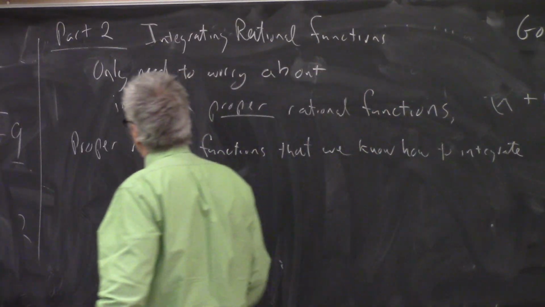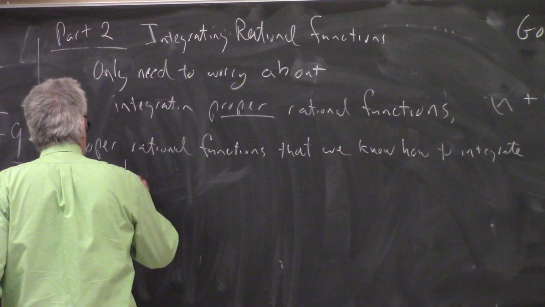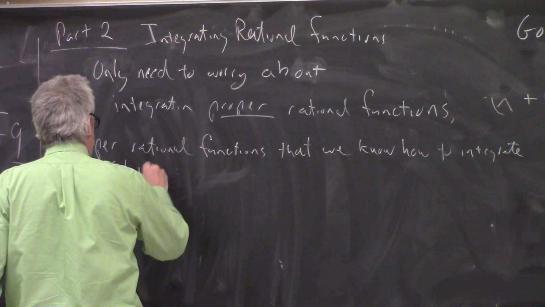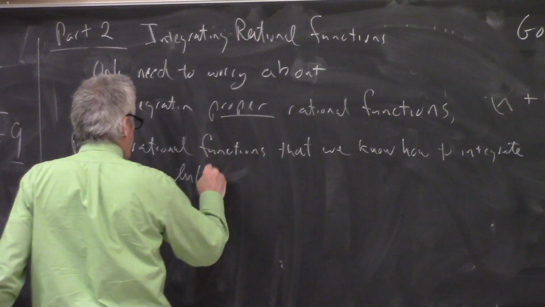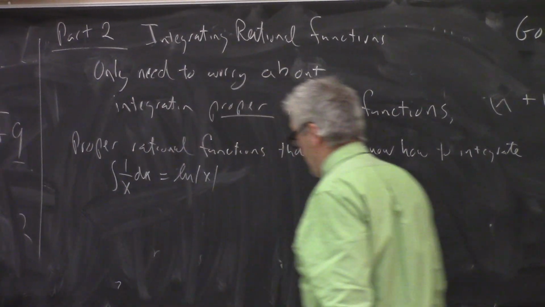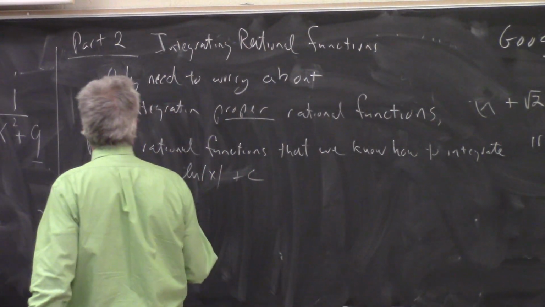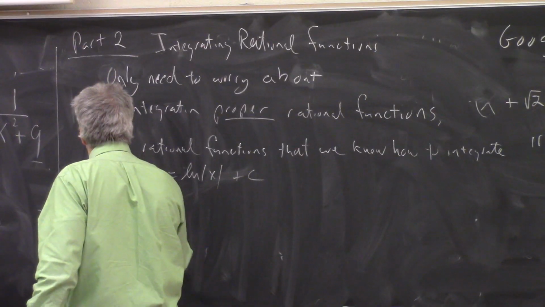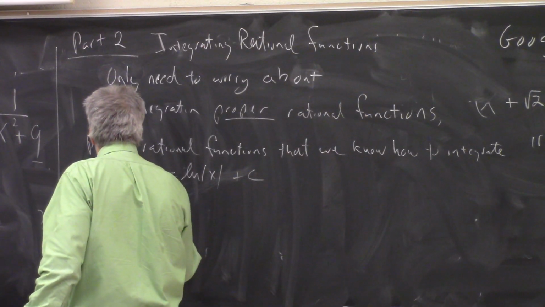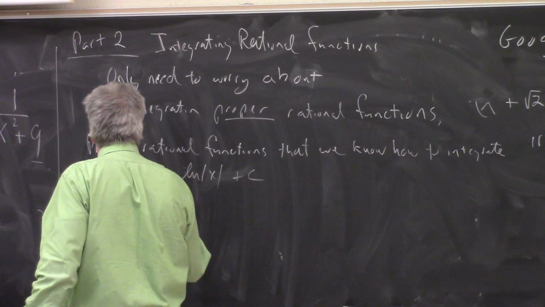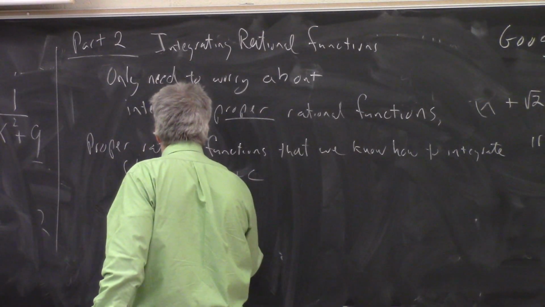Well, we know how to integrate 1 over x. That's ln of absolute value of x plus c. We know how to integrate 1 over ax plus b. We'd use substitution.